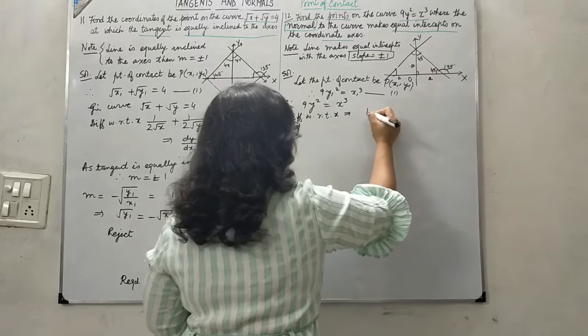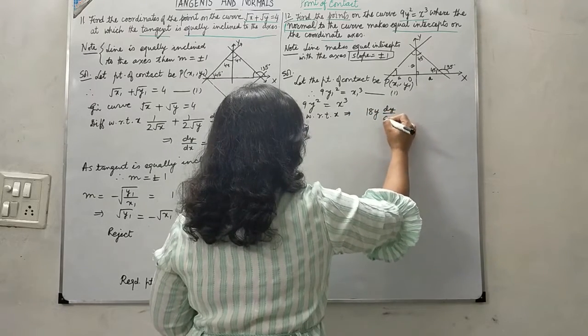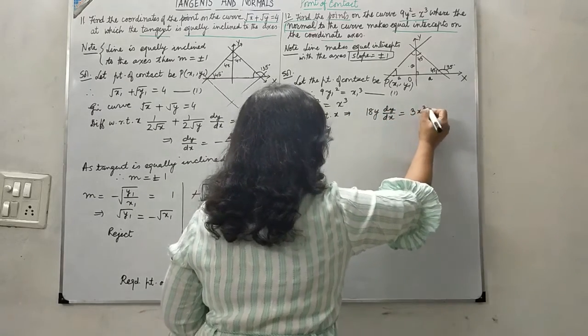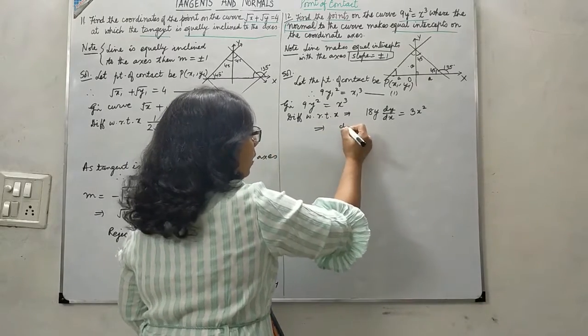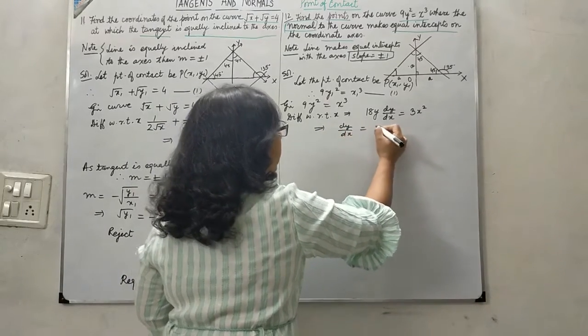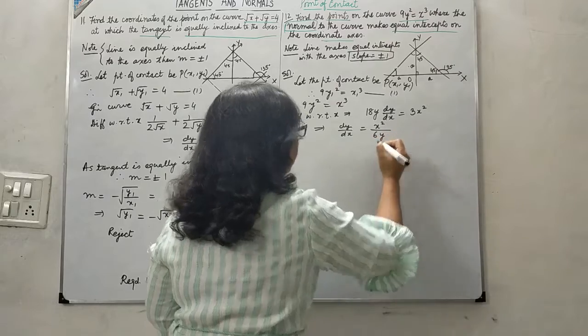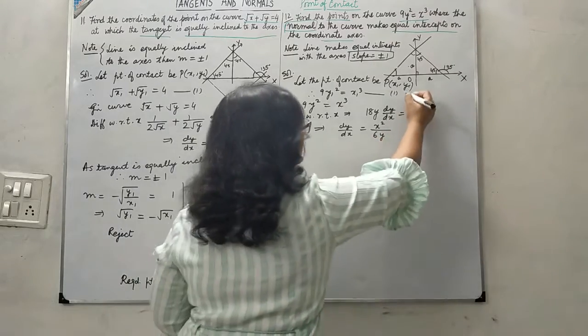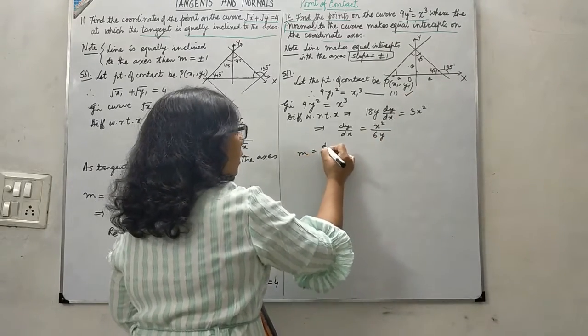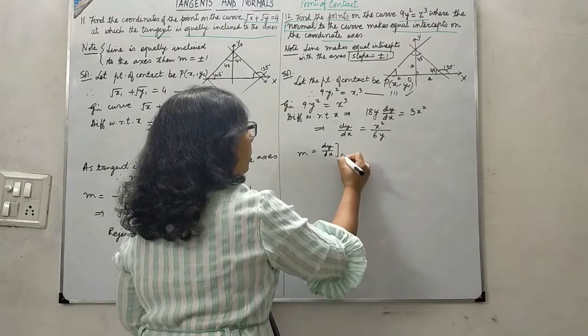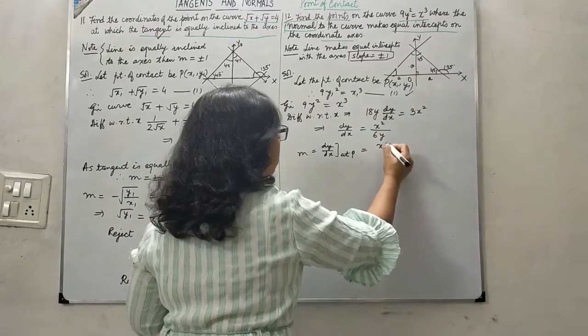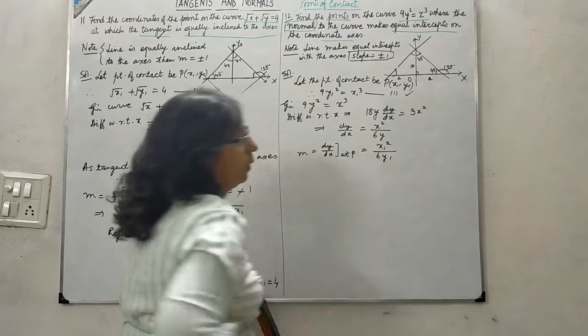That becomes 18y dy by dx as 3x square. From here, dy by dx is 3x square by 18y, or x square by 6y. Now at the particular point P, dy by dx will be x1 square by 6y1.